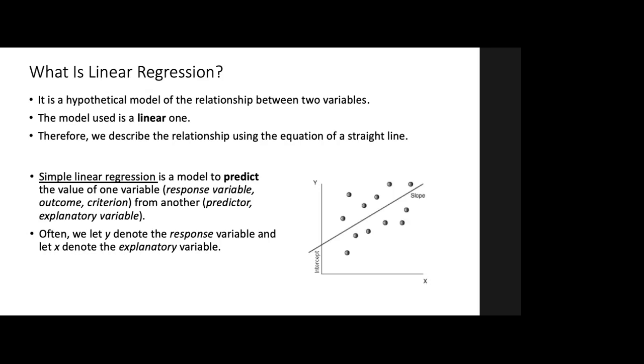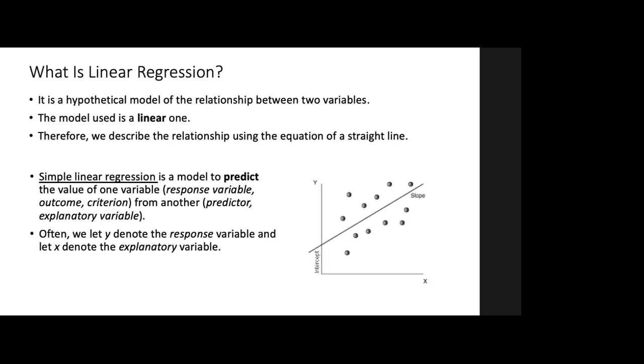We try to predict this variable from another variable, which is called our predictor or explanatory variable. There are different terms for that. Sometimes people speak about the independent variable and the dependent variable. When you read different textbooks, you will come across different terms.